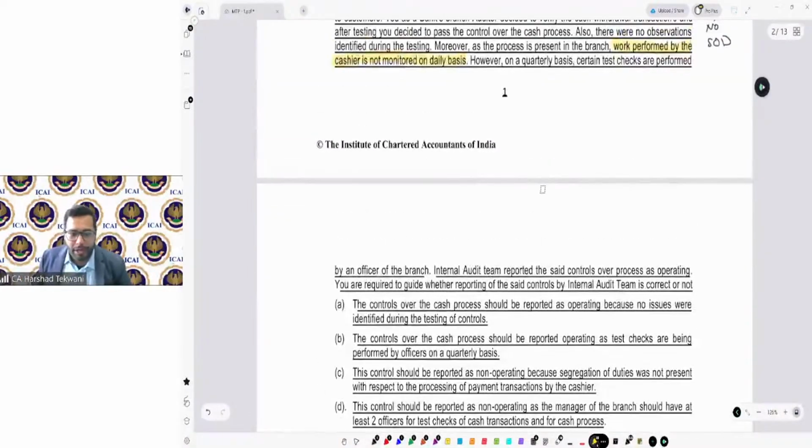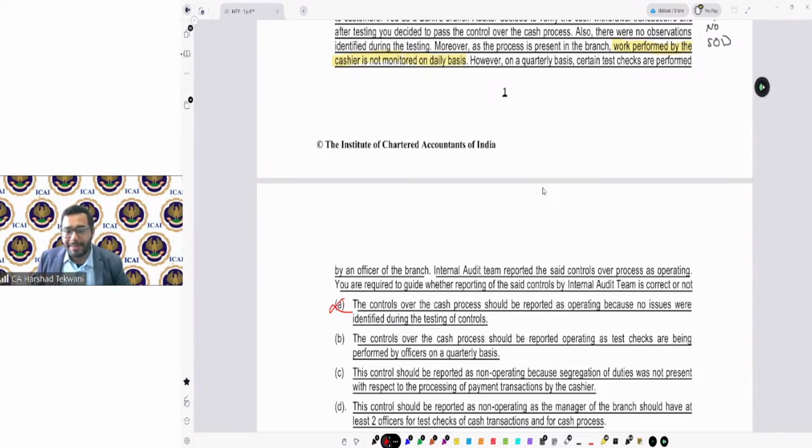So if you go over the answers, I know there is an SOD issue. The process should not be reported as operating. The first option, that the control over the cash process should be reported as operating because no issues were identified, is incorrect because we have identified the issue of segregation of duty, SOD. Second, the control over the cash process should be reported as operating as test checks are being performed by the officer on a quarterly basis, but it is not being monitored on a daily basis.